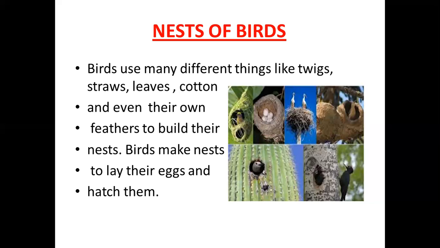They keep their young ones safe and warm in their nests. Their chicks stay there till they are old enough to fly. Birds make sounds to communicate about danger, food, and to locate one another.